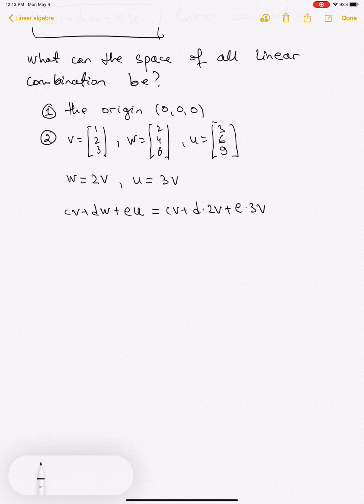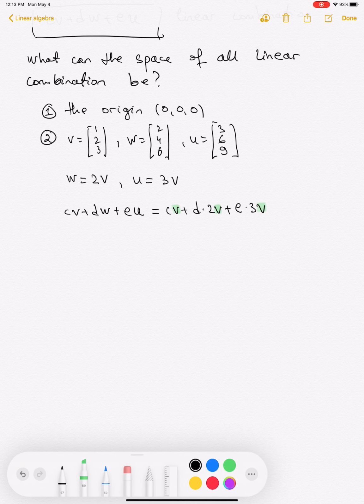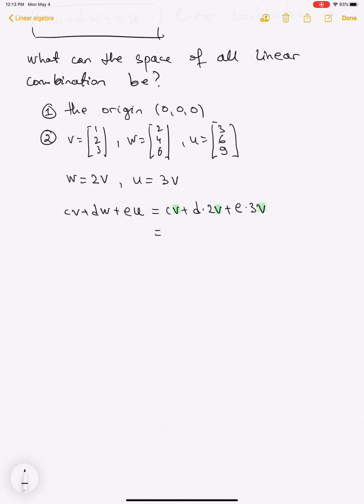So what I see here is that I have V, V, V, and the rest are just numbers. D times 2 is 2D, E times 3 is 3E. I can factor V, so what I will get is C plus 2D plus 3E times V.